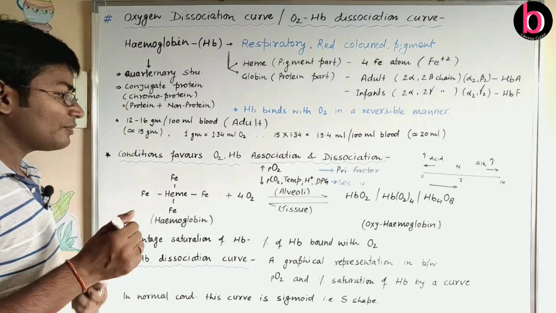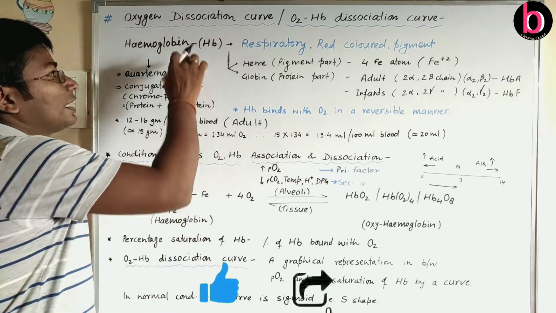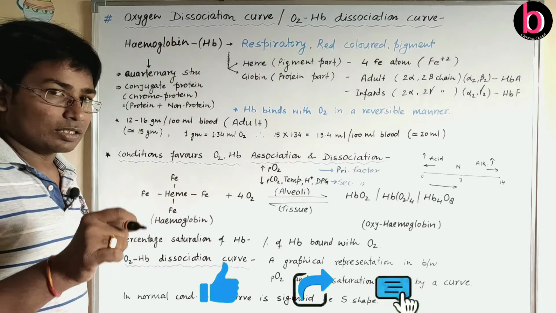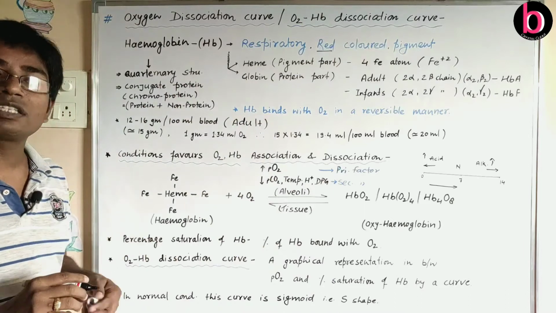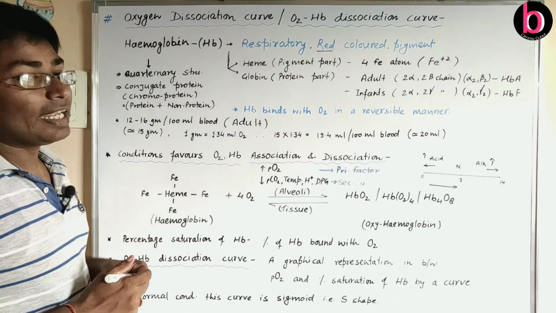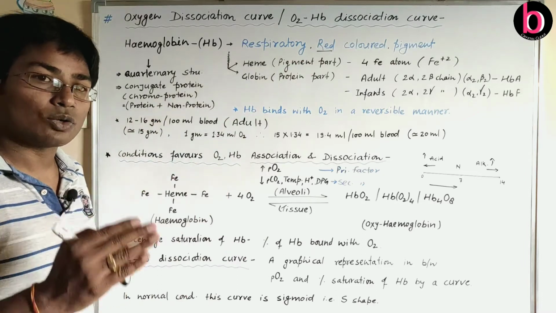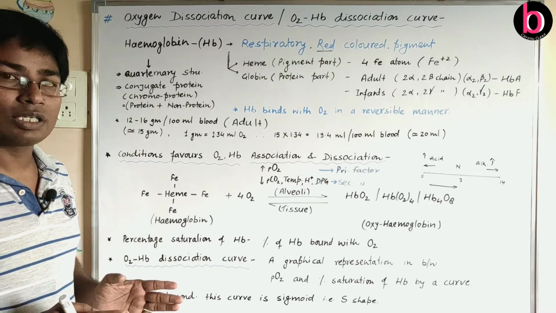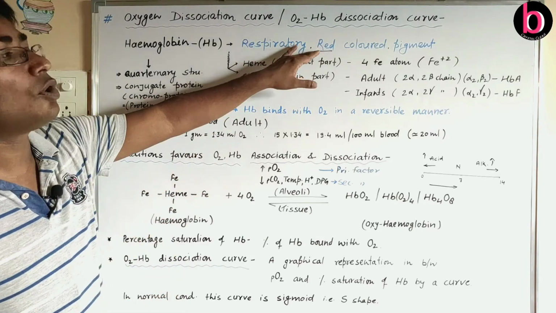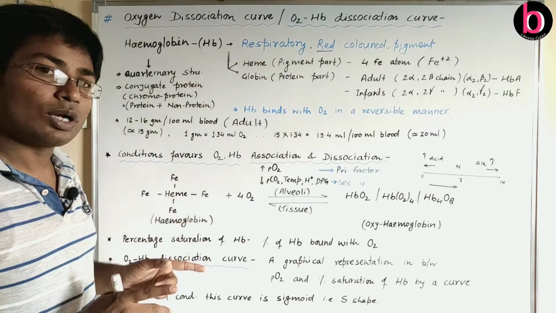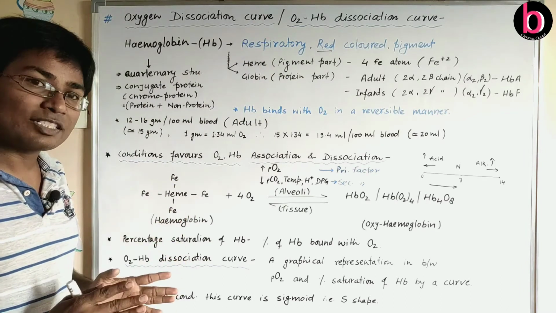One thing that is very important here: we discussed that hemoglobin is found in RBCs, and the color of RBC is because of this hemoglobin. In case of mature RBC, there is no mitochondria. Nucleus is also not there, meaning mature RBC is enucleated, but mitochondria is also not there. Mitochondria is the site of aerobic respiration.